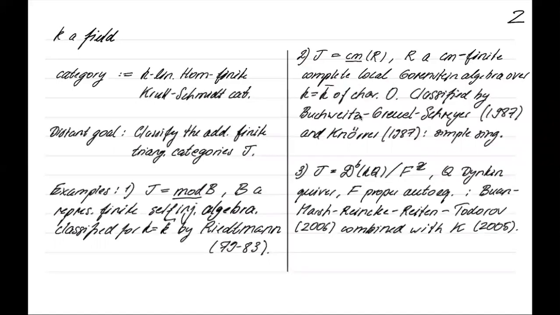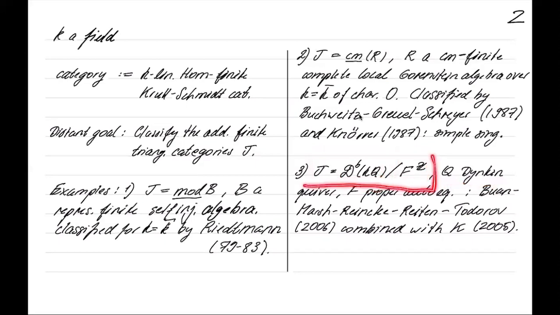Now, a third class of examples comes from cluster theory. When Buan, Marsh, Reineke, Reiten, and Todorov invented cluster categories in 2006, they constructed them as orbit categories. In our case, we take the orbit category of the derived category of a Dynkin quiver of type ADE, say, by the group generated by some auto-equivalence, such that the quotient is additively finite.